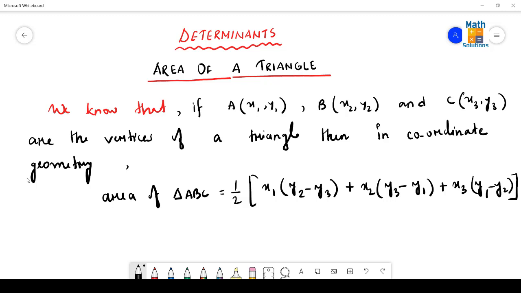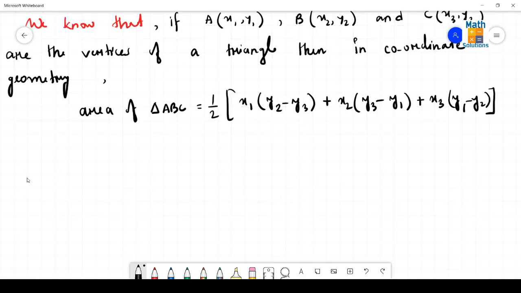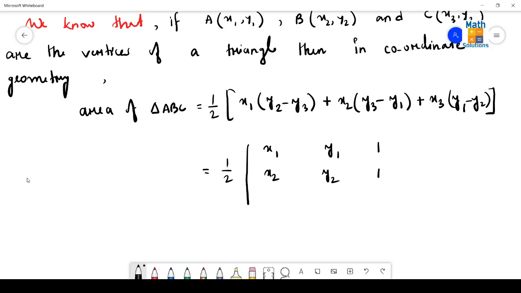So in coordinate geometry, this formula can be written in determinant form in this way: half times the determinant with rows x1 y1 1, then x2 y2 1, then x3 y3 1.